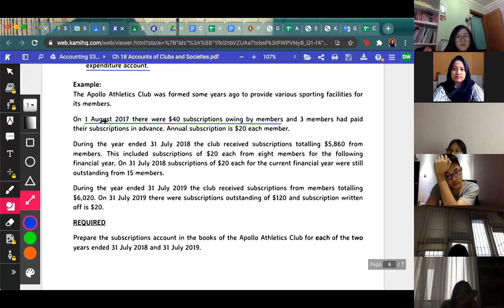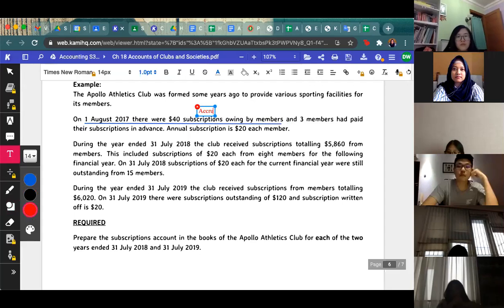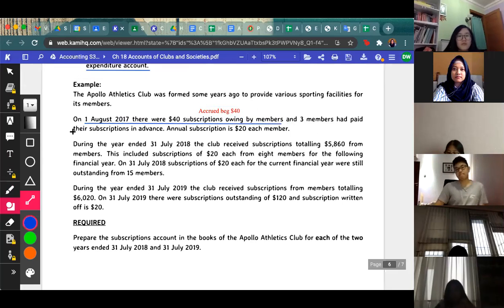Owing at the beginning, you have $40 owing at the beginning, or accrued beginning. And 3 members had paid their subscription in advance. Annual subscription is 20 each member.